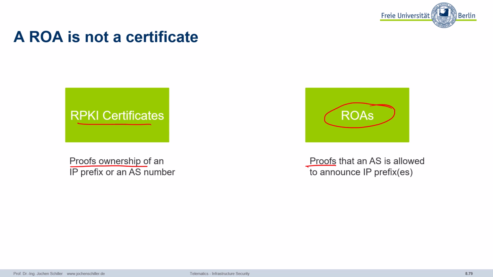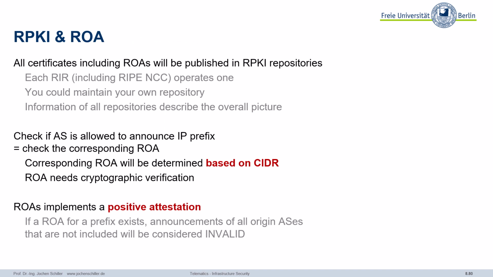The ROAs are the proofs that I'm allowed to announce certain prefixes. So this all goes together, and the idea is that all the certificates, including the ROAs, are published in repositories. All the registries operate a repository. You can also do this on your own. And if you take all the repositories together, you have the overall picture.